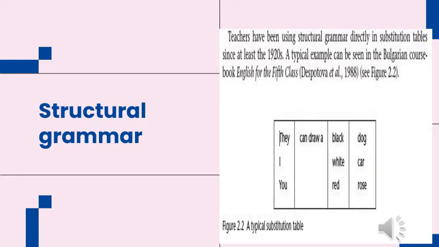A quick trivia. Did you know that teachers have been using structural grammar directly in substitution tables since at least the 1920s? This is a typical example that can be seen in the Bulgarian course book, English for the 5th class. This is figure 2.2.